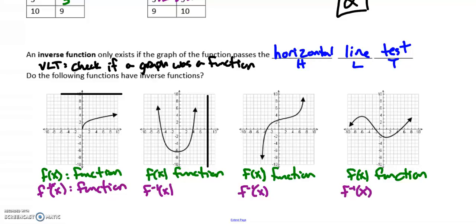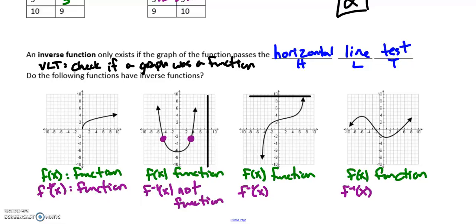For f inverse, I grab that horizontal line, and as soon as I start moving that horizontal line up, I notice that I hit multiple points. So what this is telling me is the inverse is not a function. If I were to find the inverse, it would not be a function, even though the original is. For the next one over, I pass that horizontal line. It never hits twice the whole way up.